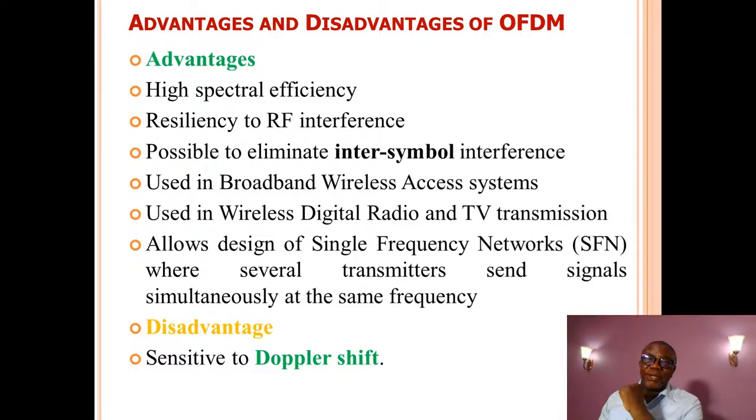Of course, everything with an advantage must have a disadvantage. So this OFDM has the disadvantage of being sensitive to Doppler shift. I want you to note Doppler shift when we come to talk about our radar systems. We'll be able to explain this Doppler shift even more mathematically for it to sink in very well.